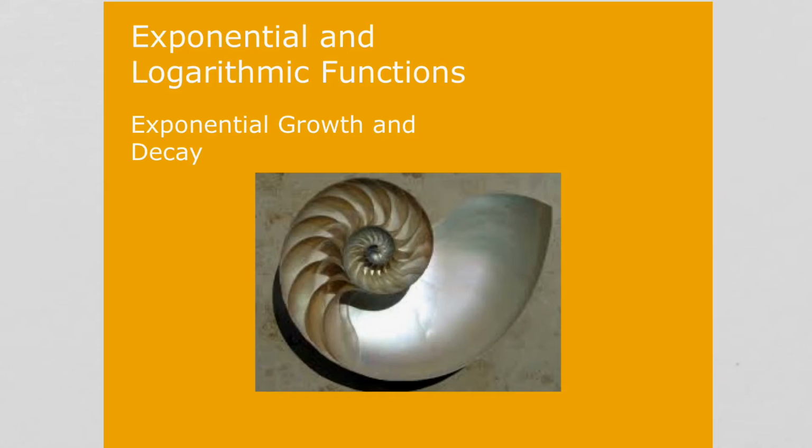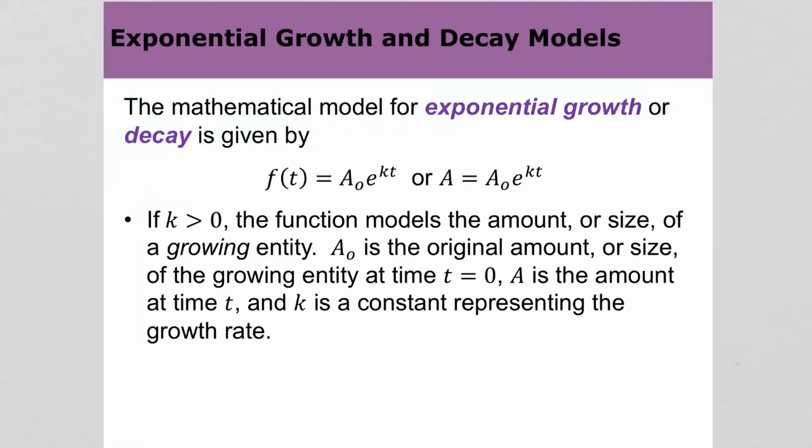Hello, we want to take a look at the ways that exponential growth or exponential equations and functions can help us through exponential growth and decay. The mathematical model for exponential growth or decay is given by A naught times e to the kt.